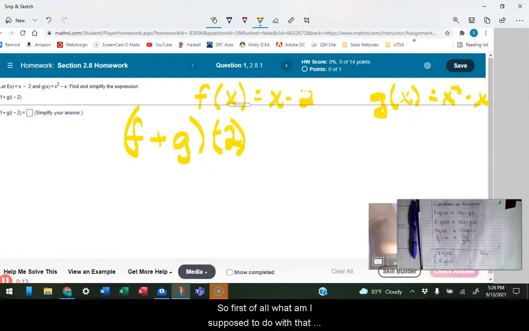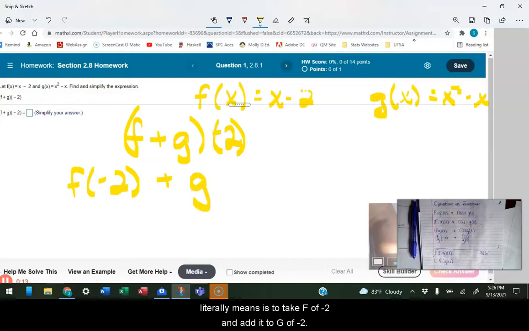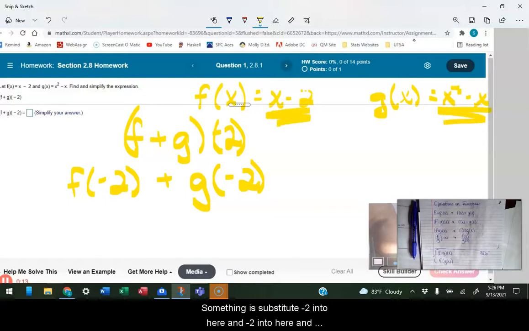Okay, so first of all, what am I supposed to do? What that literally means is to take f of negative 2 and add it to g of negative 2. So I'm going to substitute negative 2 into here and negative 2 into here, and then I'm going to add it up. Do not multiply your answer by negative 2. That is not what it says to do.